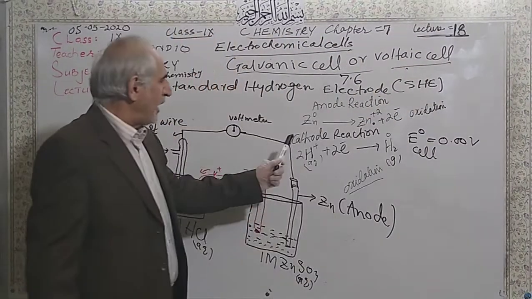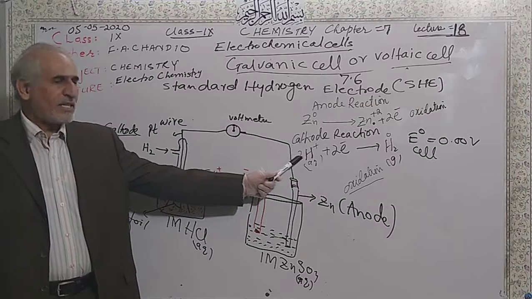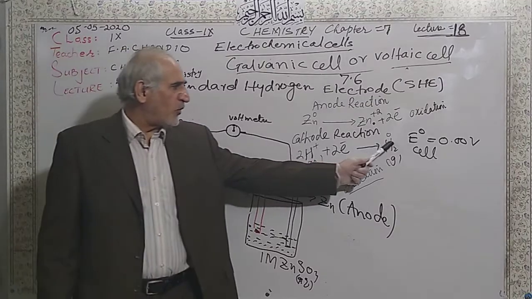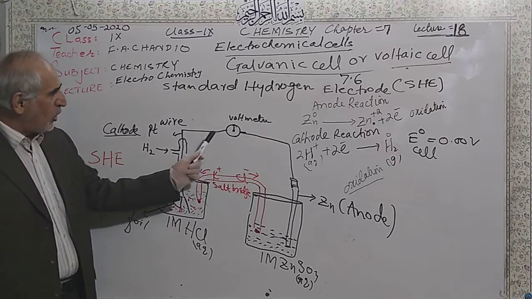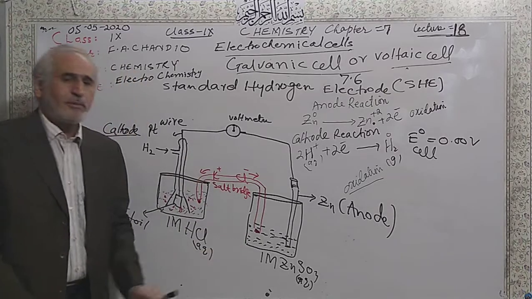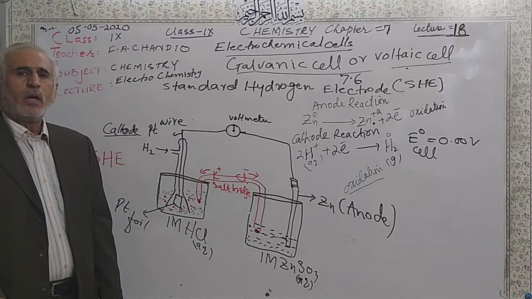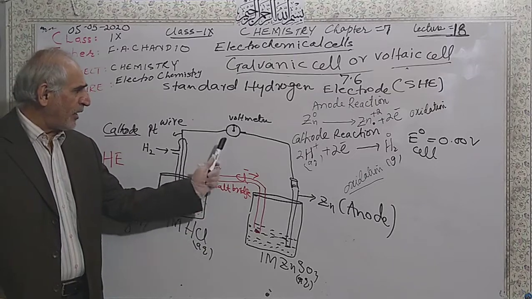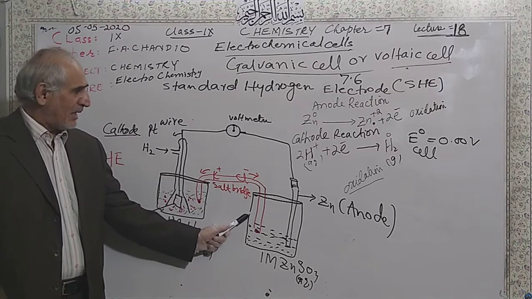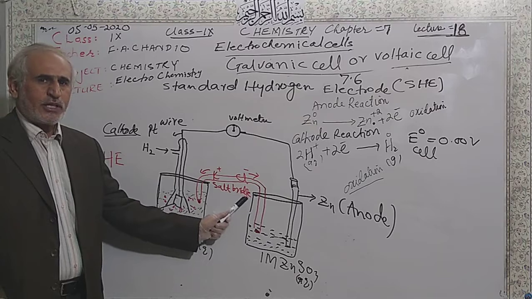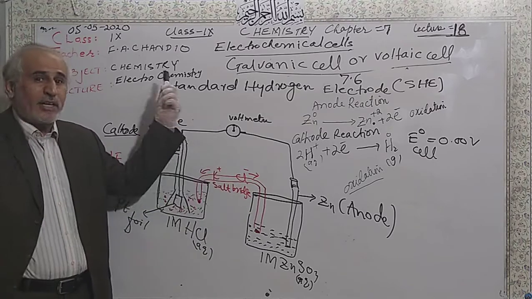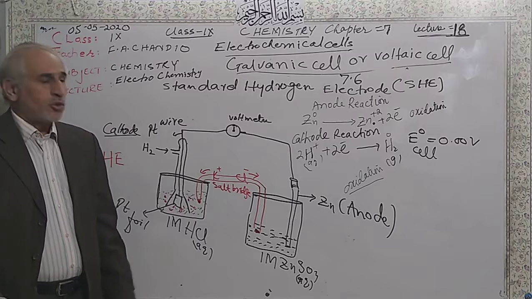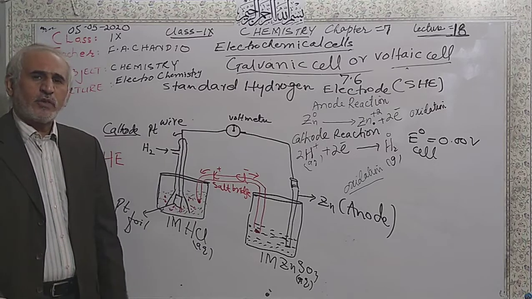Students, if I know the standard electrode potential for the hydrogen, the voltmeter will show the standard electrode potential for the oxidation of zinc or any other half cell. So I can calculate for this one half cell.